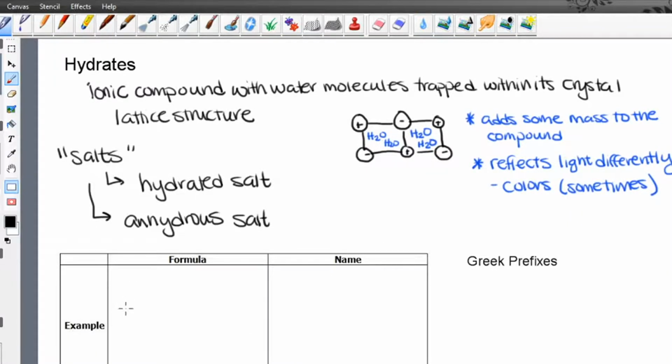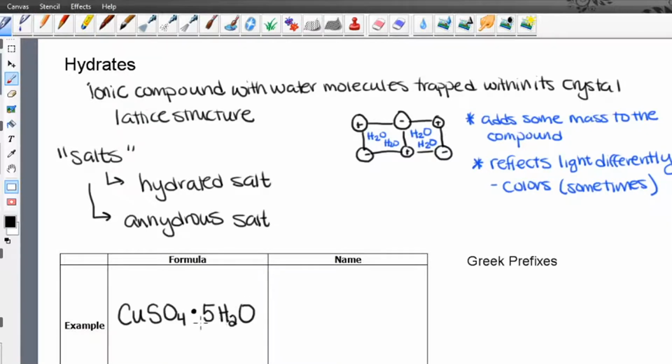To show you guys an example of this, let's write the following formula. Here's my normal ionic formula of a salt, CuSO4. This is copper(II) sulfate. Copper(II) sulfate also has a hydrated version where trapped inside the crystal lattice structure, there are 5 water molecules for every 1 unit of salt.